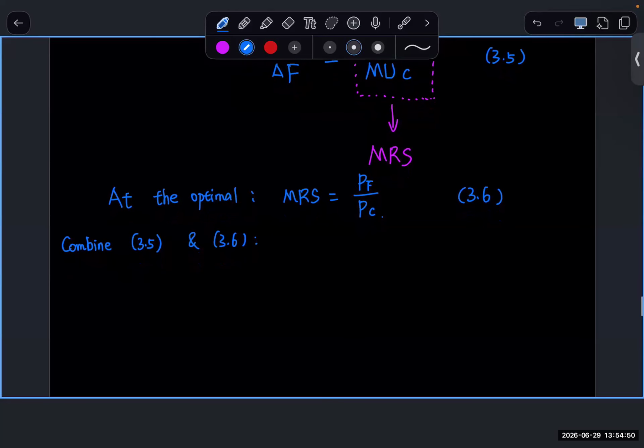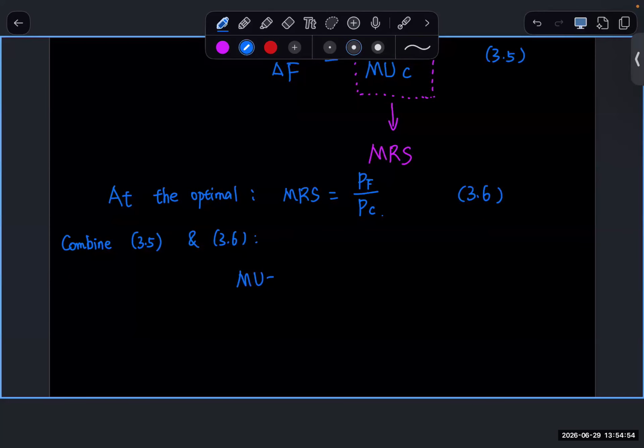So we're gonna combine those two equations. Which means MUF over MUC, okay? The marginal utility ratio, which is MRS, equals what? Equals the price ratio.